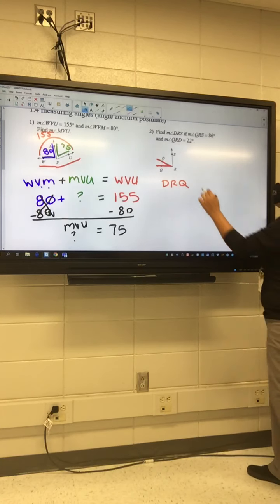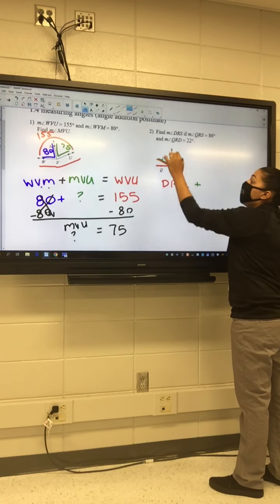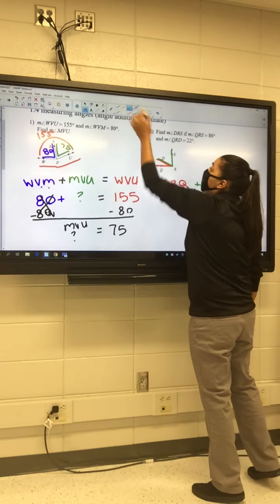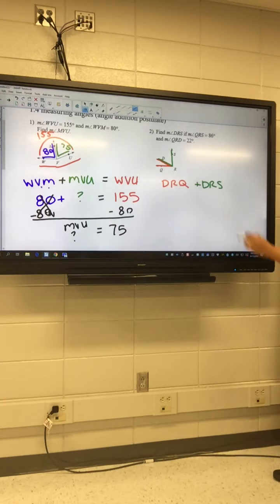DRS is going to be my other little one. What does the little one plus the little one equal? The big one. In this case, what is our big one? QRS.